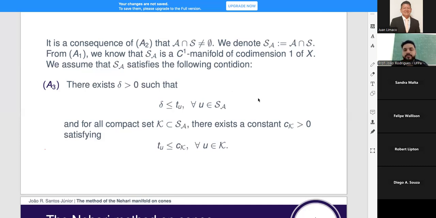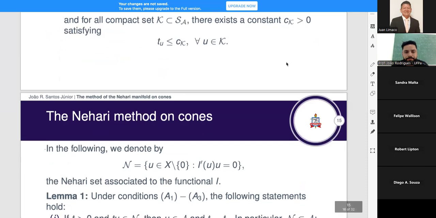In this case, it's very important to realize that this is not the whole unit sphere, because in the great part of the applications we made here, A is strictly contained in the sub-level space.